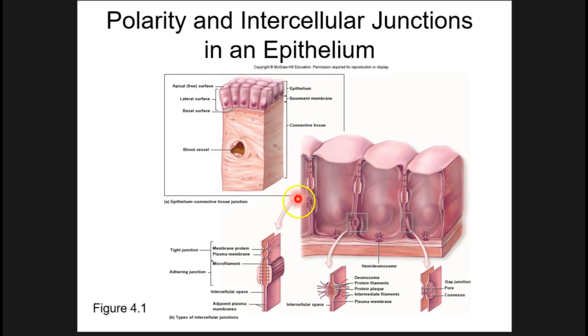The adhering junctions, sometimes you'll see the word adherens junctions if you look in literature, same thing. They tend to go circumferentially around in 3 dimensions the entire cell and adhere it to every other cell that is on a lateral surface, and it's just going to stabilize it.